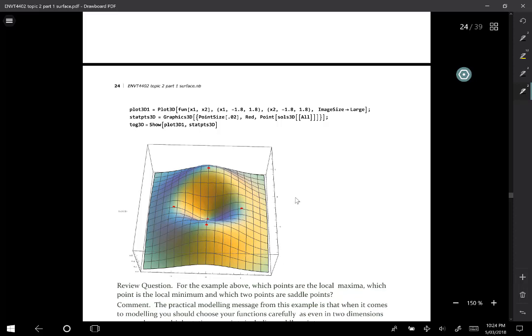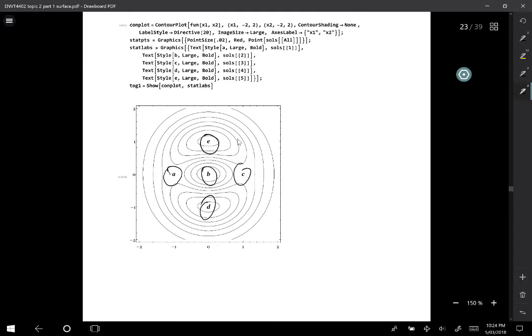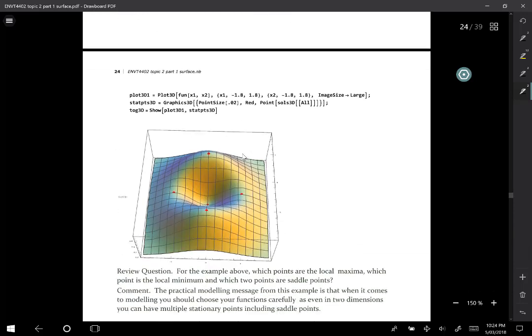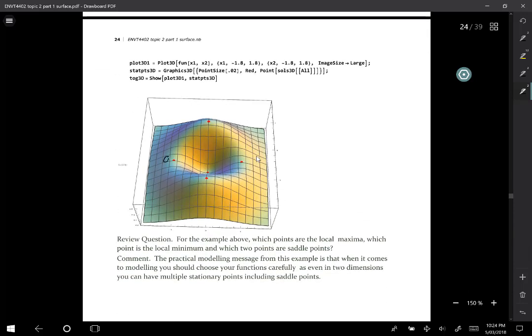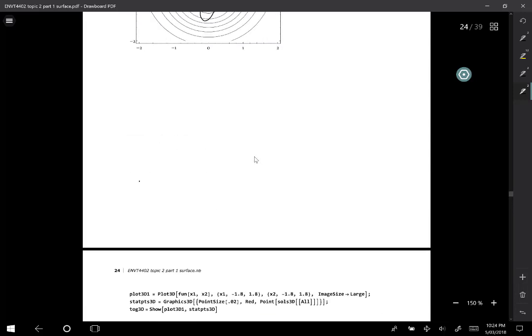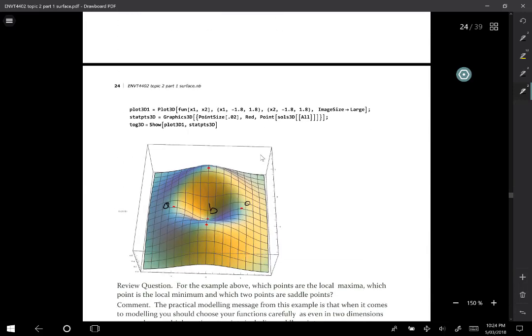If we go back to the labeling to make sure I get it right, then that's point A, that's point B down there, point C there, and then we've got D and E.